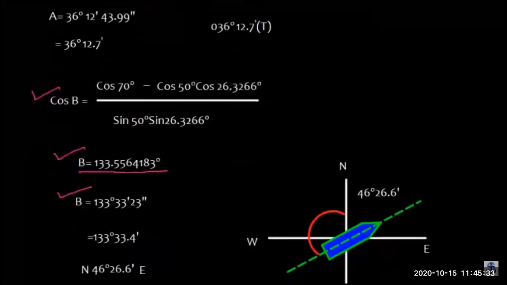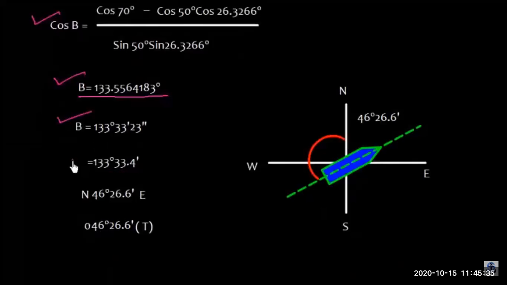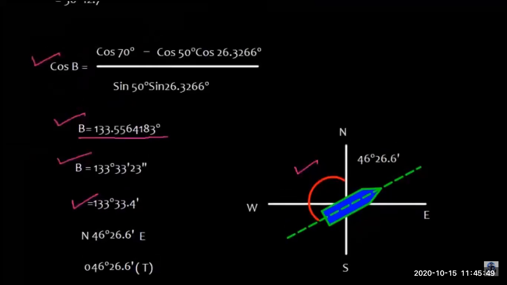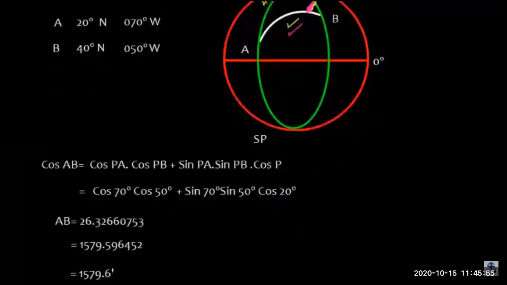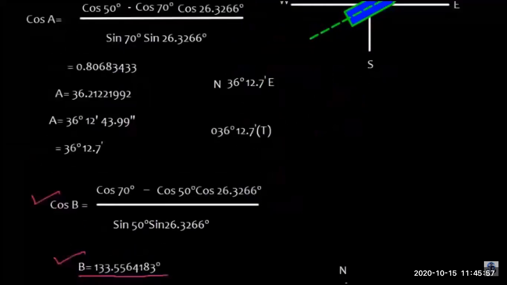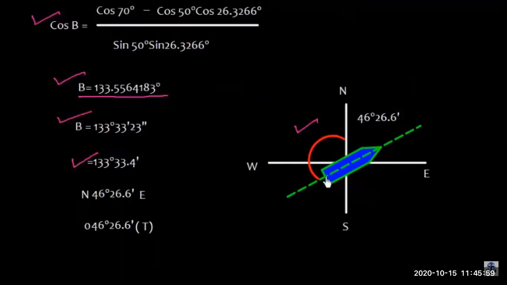Now again you can see that we found the angle which is on this side, but for the vessel we need to give the angle from the north, the course to steer. So we have to be very careful which angle we found. From this formula we found angle B, but we need to give the course which is measured from the north.